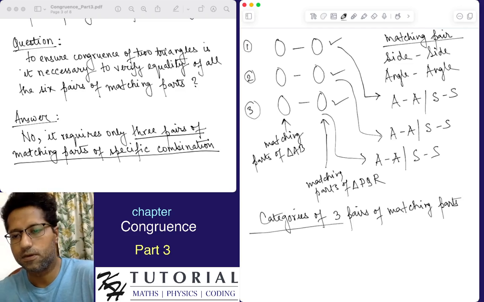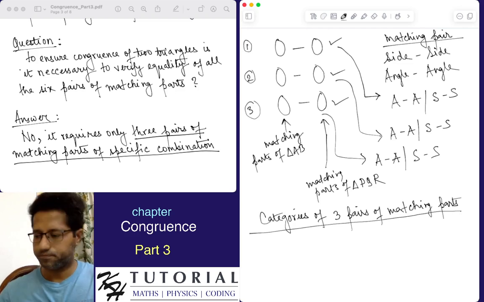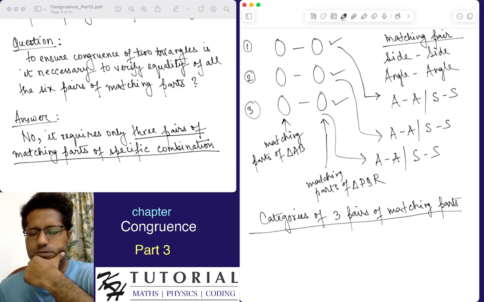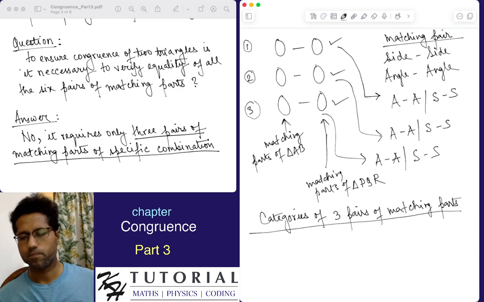Categories of three pairs of matching parts. Now, it is said that you need three pairs of matching parts to ensure the congruence between two triangles.